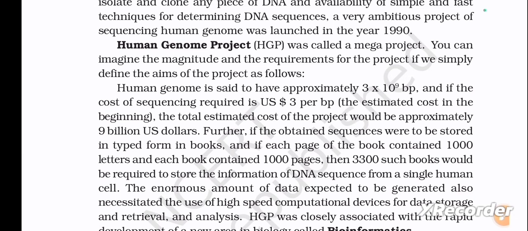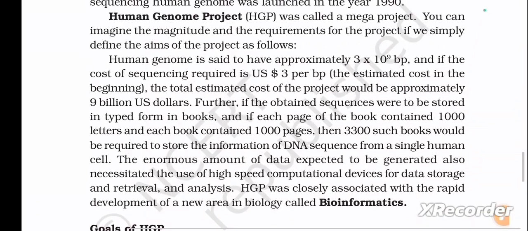You can imagine the magnitude and the requirements for the project if we simply define the aims of the project as follows. Human genome is said to have approximately 3 times 10 to the power of 9 base pairs, and if the cost of sequencing required is in US dollars 3 per base pair, the estimated cost in the beginning, the total estimated cost of the project would be approximately 9 billion US dollars.